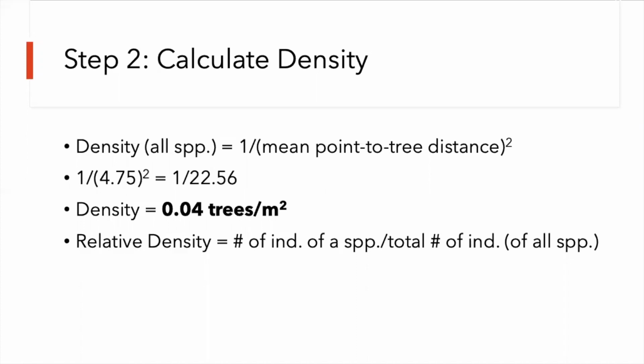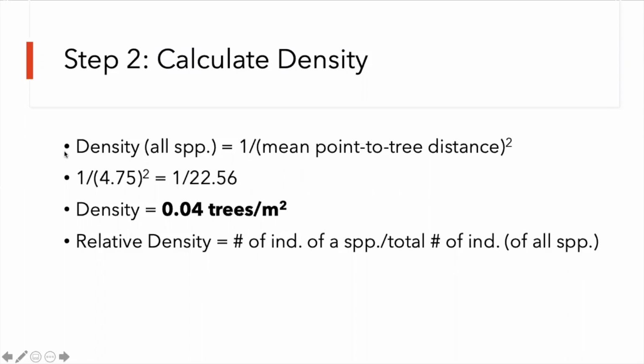So it would be important in that case to make sure that you record the species of tree, or you can also calculate density looking at one specific species. In that case you look for the nearest tree of the species you're examining. But in our case, for the density of all species, we're going to use this formula here.